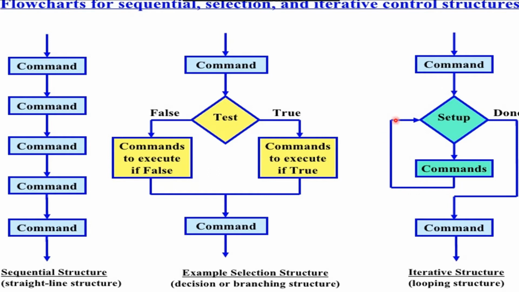Then we iterate back and check whether the condition still matches. If it does, we again go through this path, do the same step of updating the expression, revert back and check it again. This time if it is false, we are done with the loop and we take this path, get down and follow the steps that we need to. This is called the iterative structure.